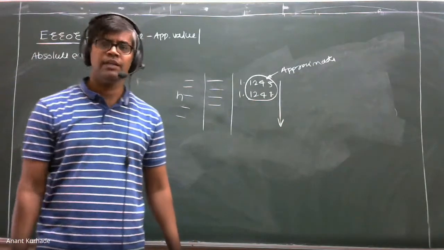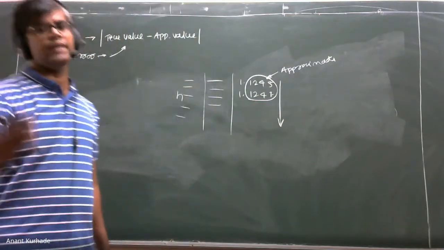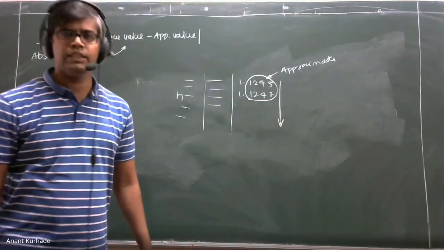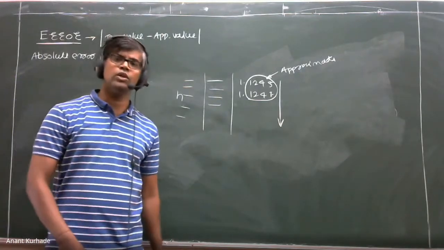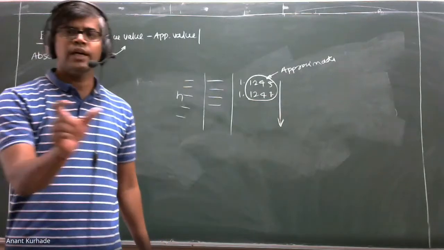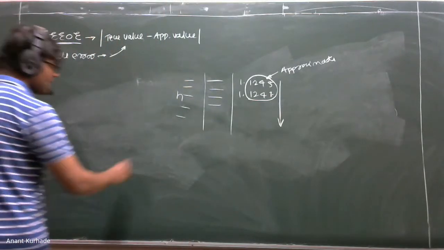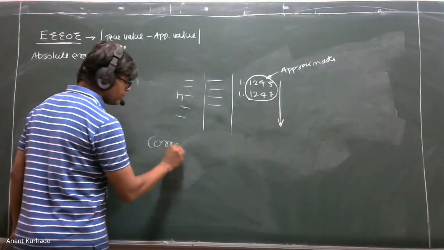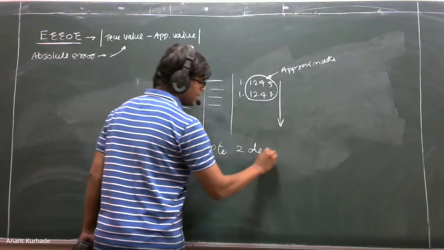Find the root of the equation, for the given equation y is equal to f of x, with initial guesses x1 is equal to 2, x2 is equal to 4, correct up to 2 decimal places. So the last line says correct up to 2 decimal places.